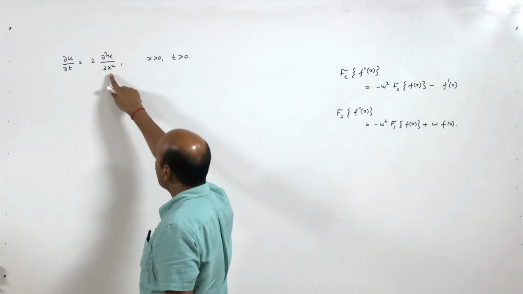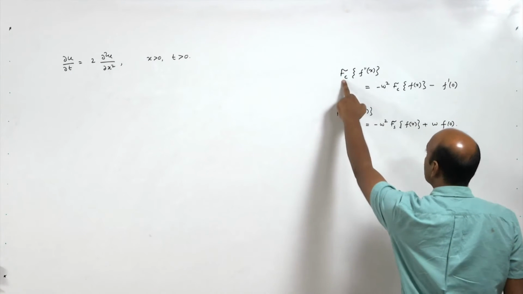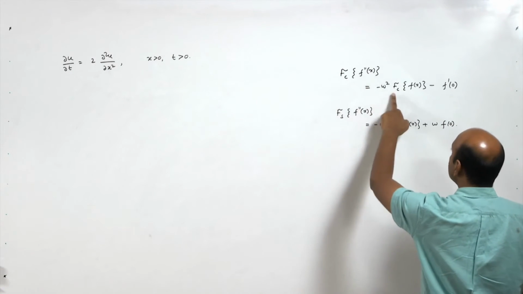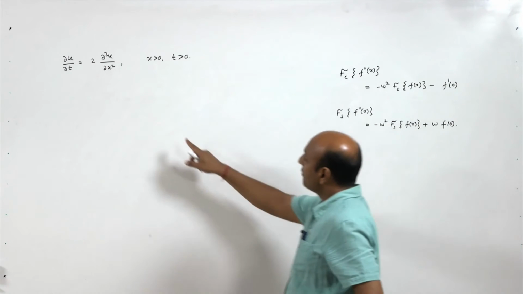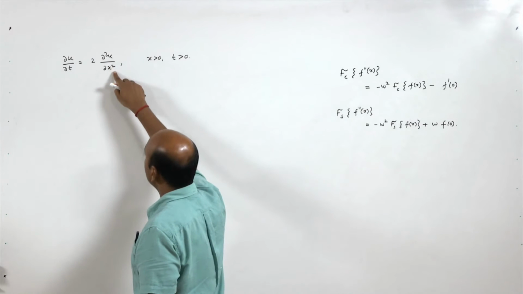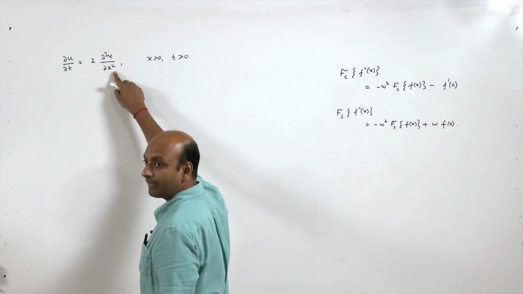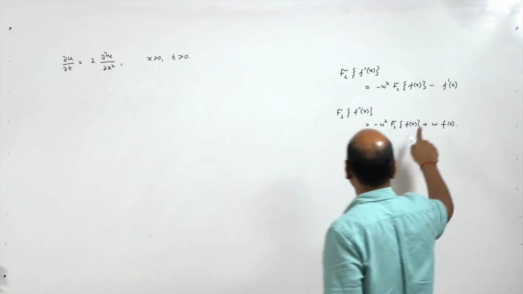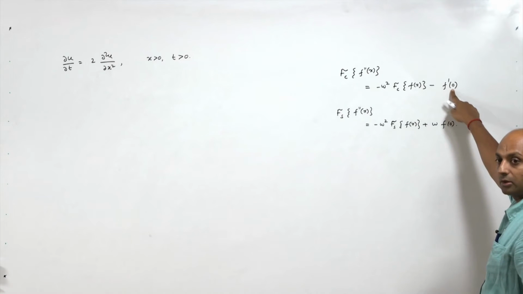When we have a double derivative and we apply, suppose, the Fourier cosine, we need f dash 0. So, here we need del u by del x at x equal to 0, sorry.